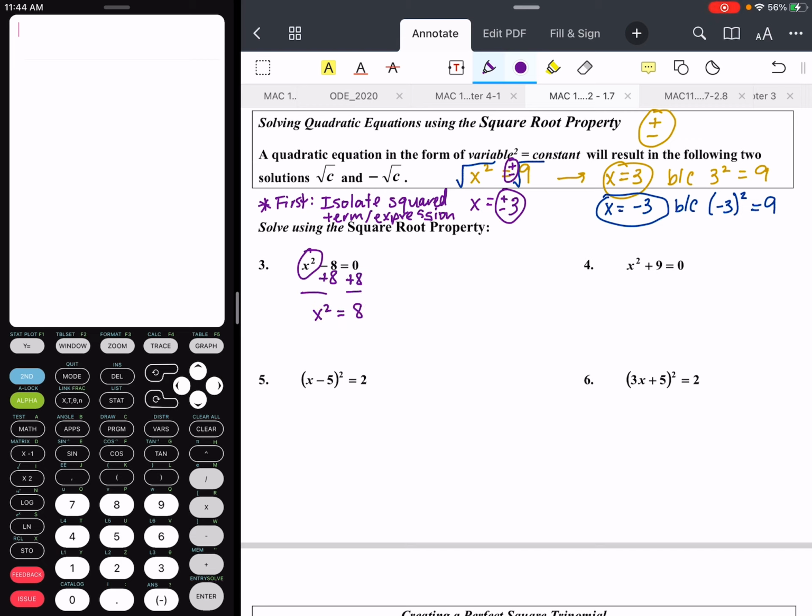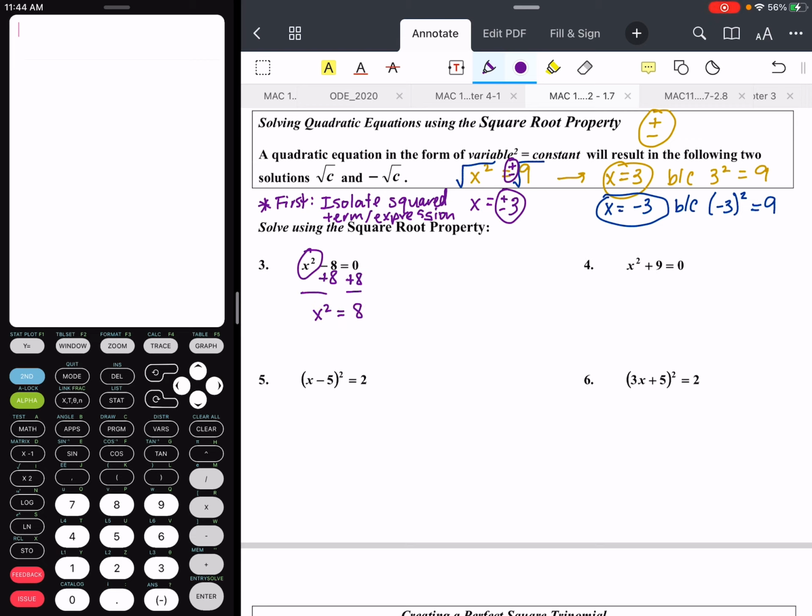So on the left-hand side, I just have plain old x. On the right-hand side, I'm going to have plus or minus the square root of 8. And remember that the square root of 8 can be broken apart into the square root of 4 times the square root of 2, which is 2 square roots of 2. So I get plus or minus 2 square roots of 2, fully simplified.